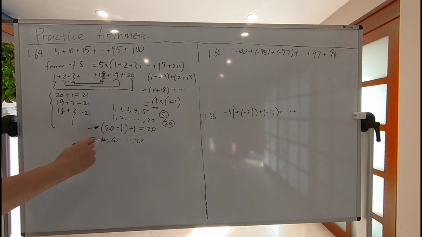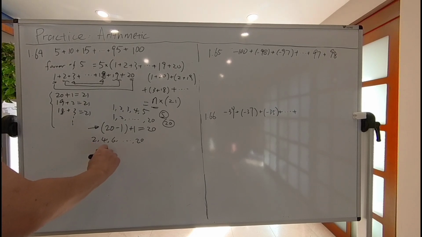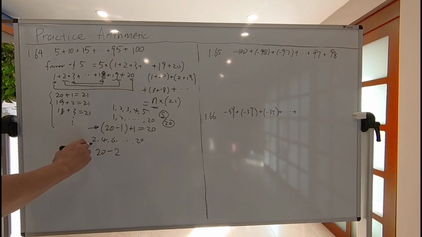So now it's definitely not 20 counts because you see they are obviously jumping and they seem to be just half of the original series. So how do I find the pattern? I'm still using the last number to subtract the first number.